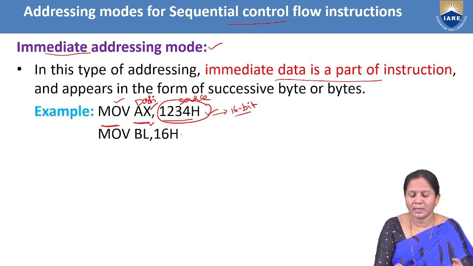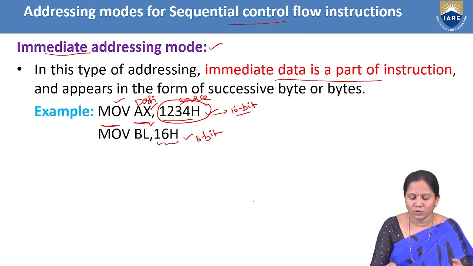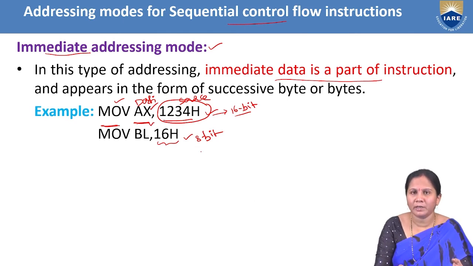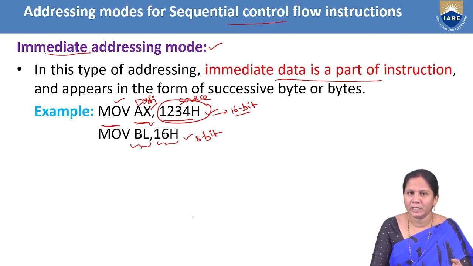Next, another example: MOV BL, 16H. This 16H is an 8-bit number, which is why the destination is BL, not BX. BL is an 8-bit register.